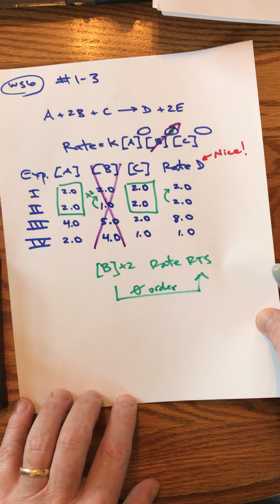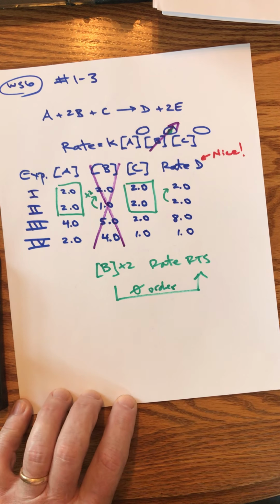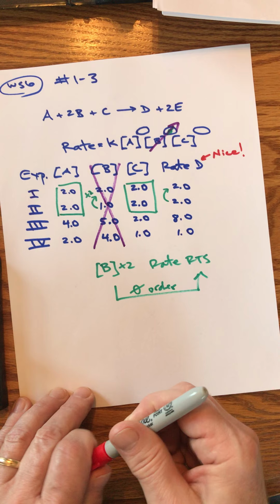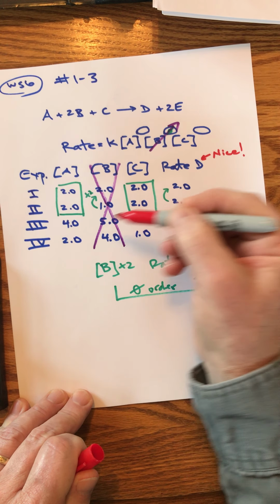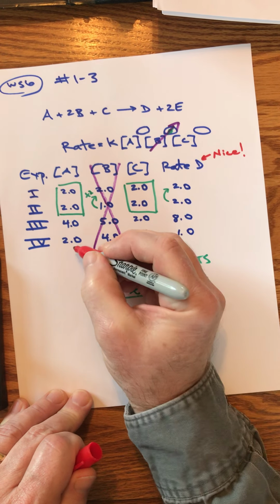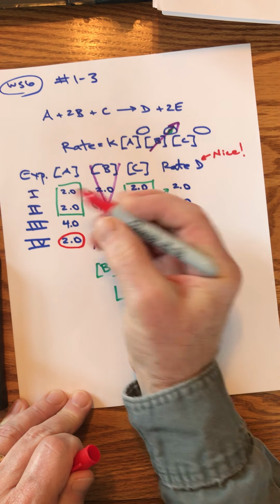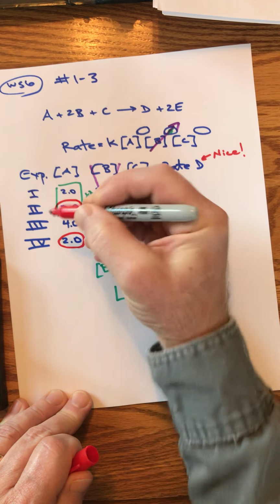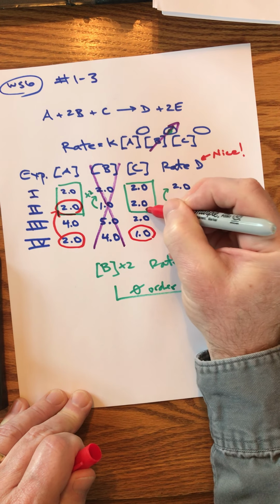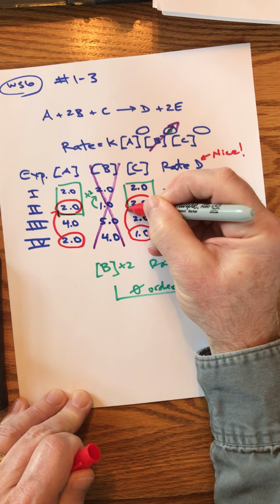I need to measure the effect of A and the effect of C. If I look at experiments 2 and 4, actually 4 to 2 respectively, here I have A not changing, but I have C doubling.